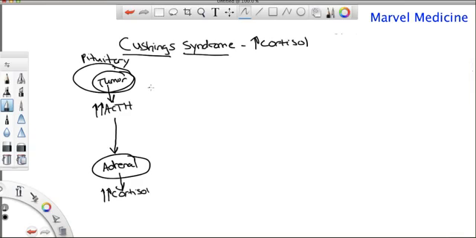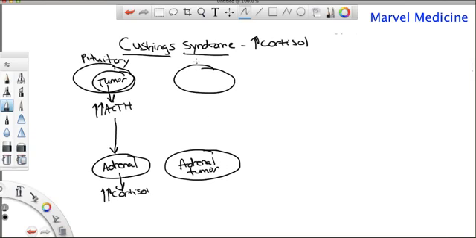Now, what's the second way you can get Cushing syndrome? It's by an adrenal tumor. Okay. Now, in these patients, their pituitary is perfectly fine. It's normal, okay?